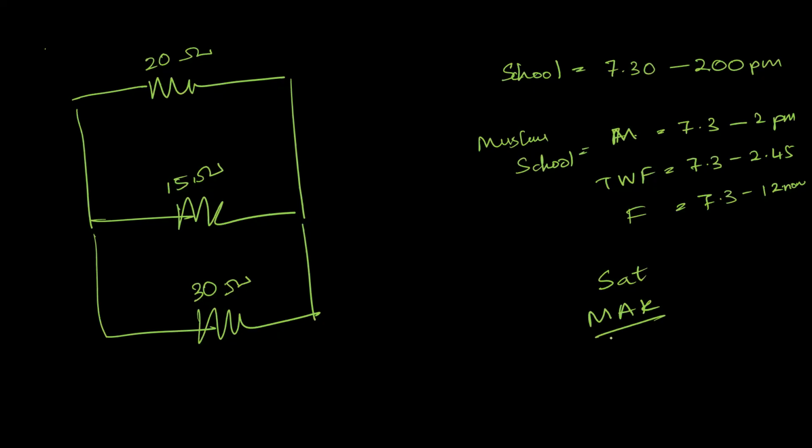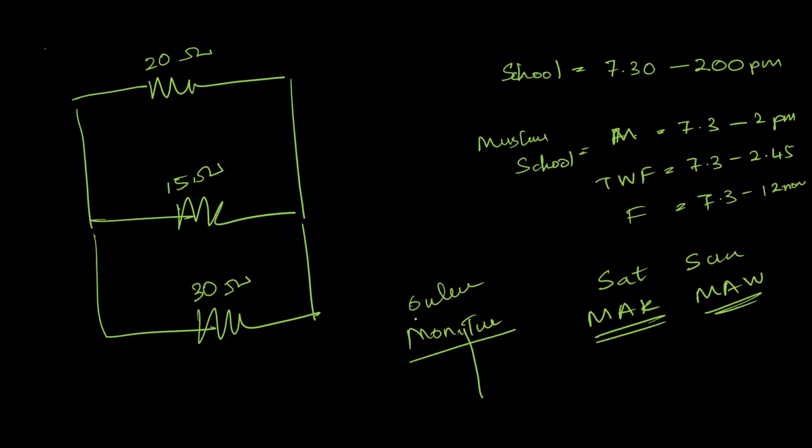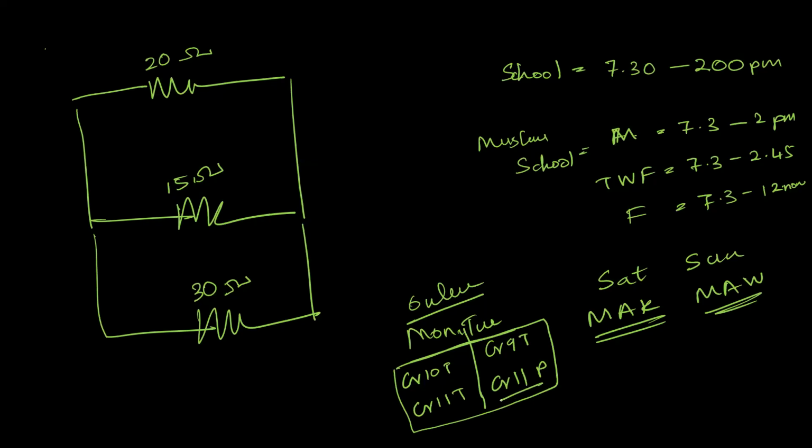Master Academy Kolannava on Saturday, Master Academy Vellavatta on Sunday. Monday, Tuesday will be the online classes. Monday, we will have grade 10 theory, grade 11 theory, grade 9 theory, and grade 11 paper. So mostly your next paper class will be happening on Tuesday night. So for now, arrange the timings like that.